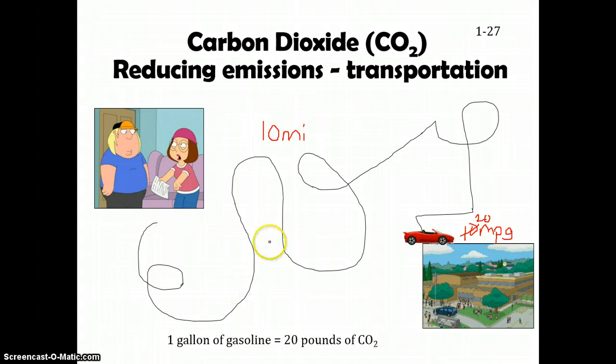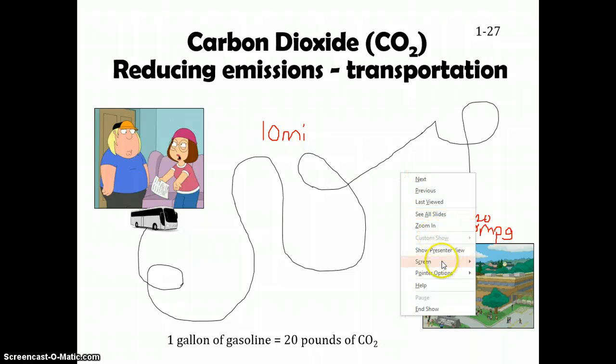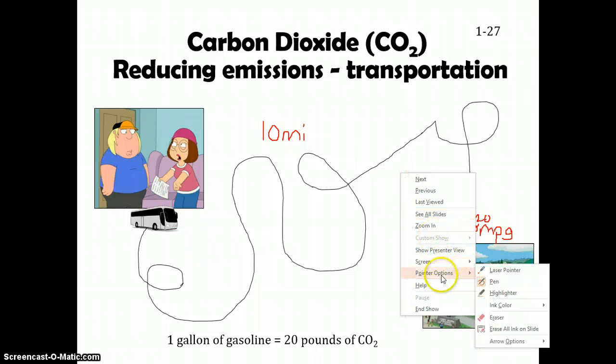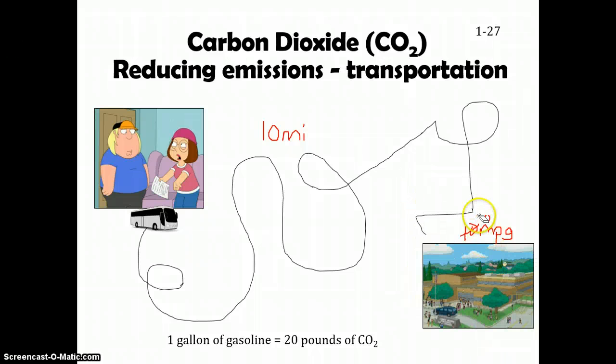Okay, so that's one alternative. You could get a car that's more fuel efficient, that burns less gas. Another thing you can do is rely on public transportation. So the bus, great form of transportation, but the miles per gallon it gets is probably close to 10.